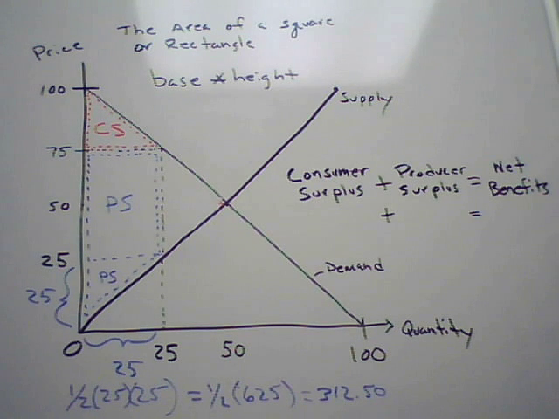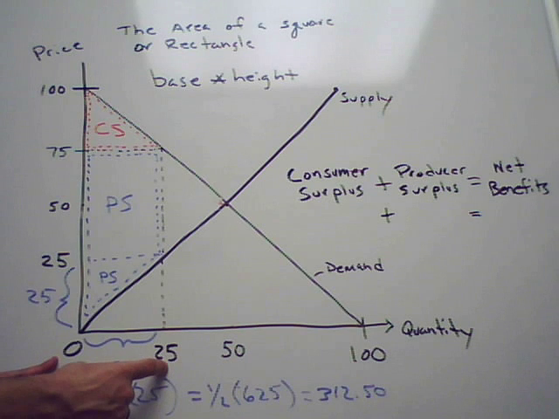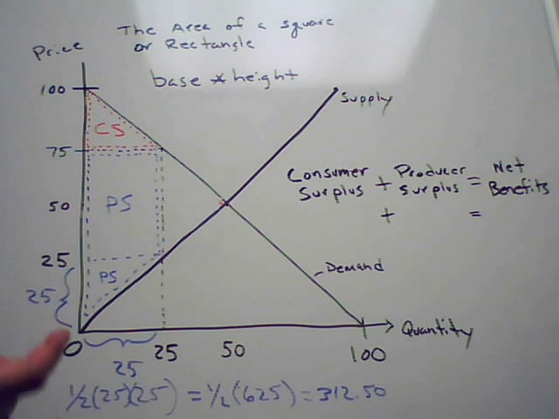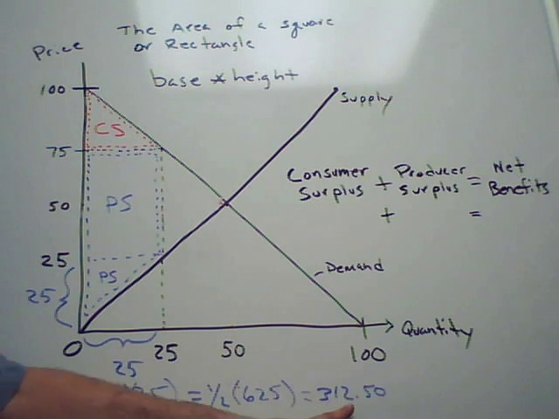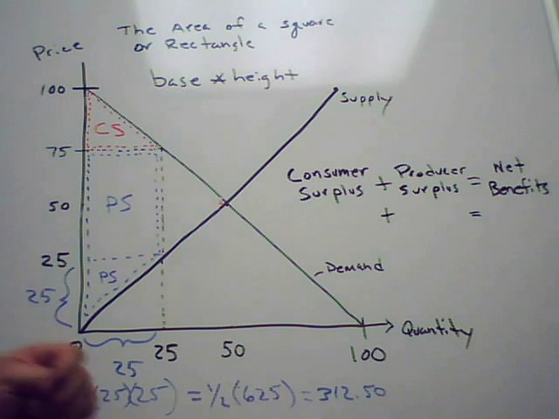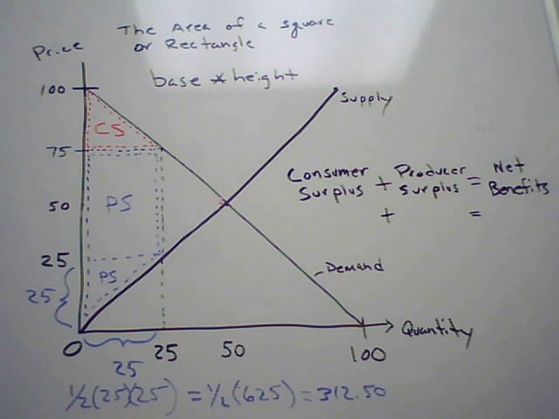I need 1/2 base times height. In this case, the quantity stops at 25, so the base is 25. The height is also from 0 up to 25. So I have 1/2 times 625, which gives me a total for the area of the triangle of $312.50.